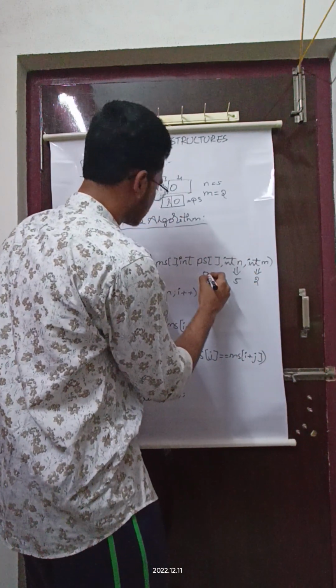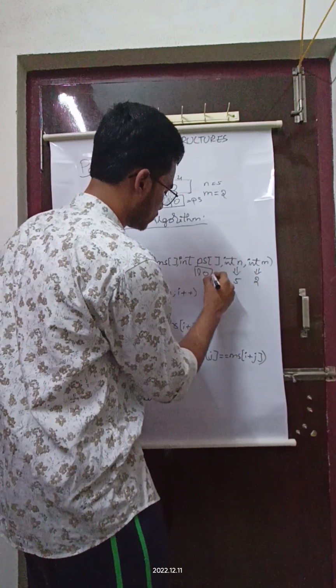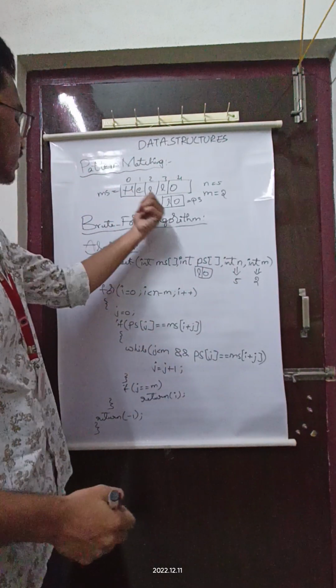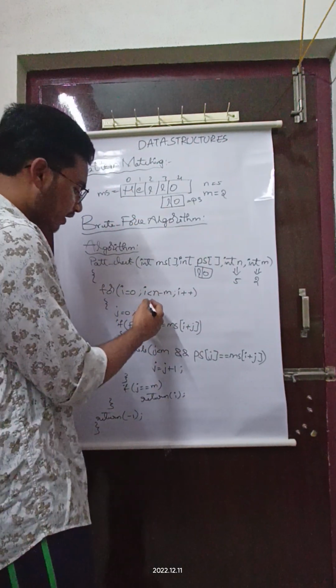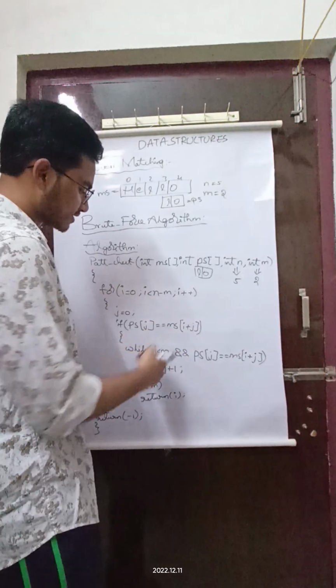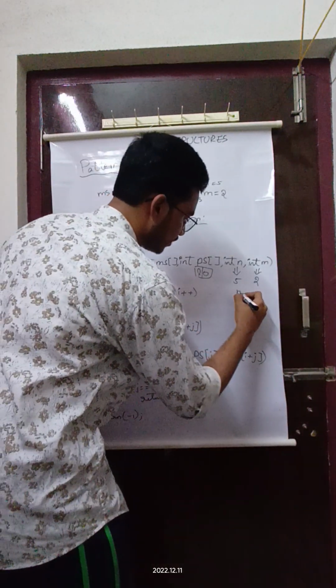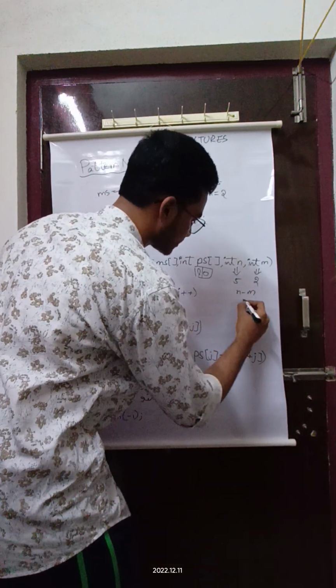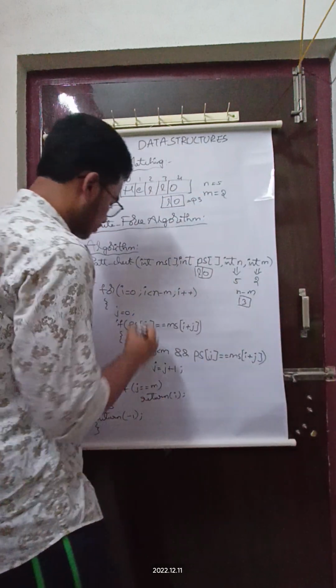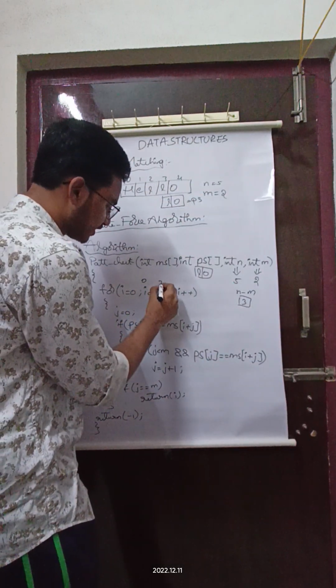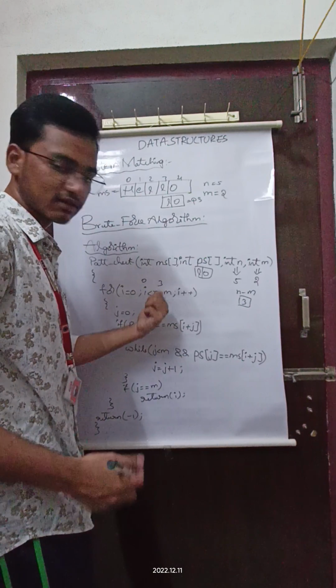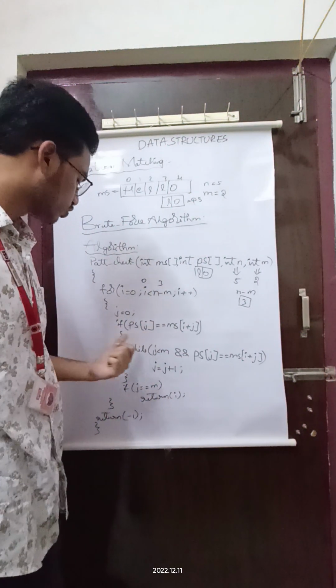The pattern is LO and the main string is hello. For i equal to 0, i less than n minus m, i plus plus. The value of n minus m is 5 minus 2, which is 3. So i is 0, n minus m is 3, 0 is less than 3. The condition is true, we enter the loop.